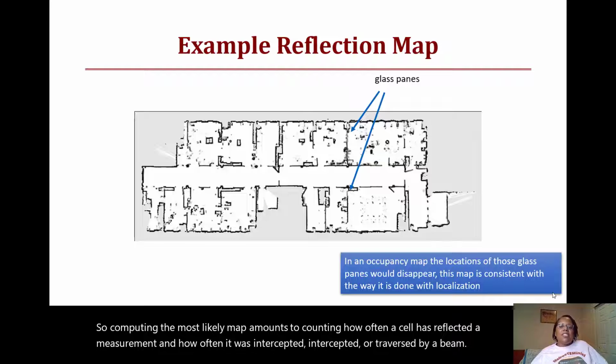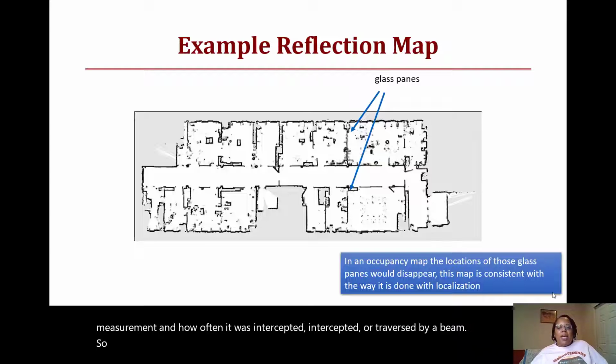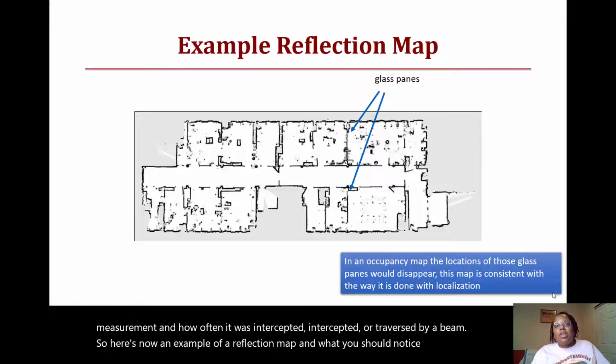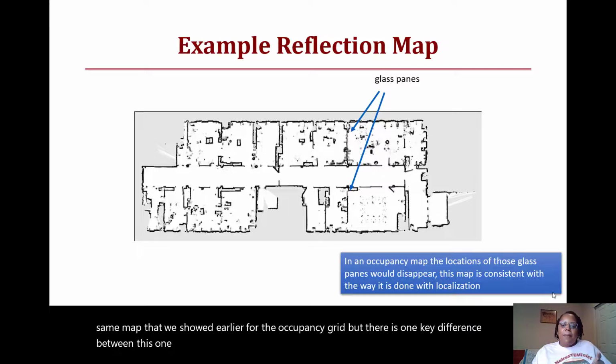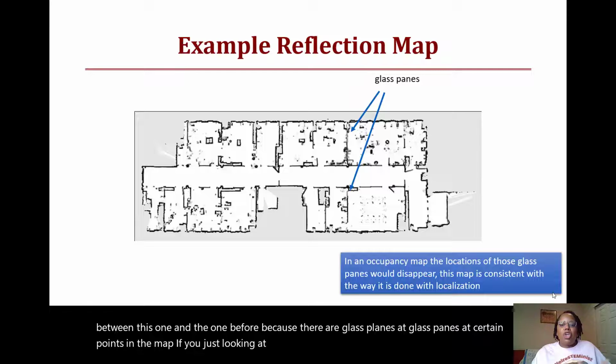So here's now an example of a reflection map. And what you should notice here is that this is the same map that we showed earlier for the occupancy grid. But there's one key difference between this one and the one before. Because there are glass panes at certain points in the map, if you're just looking at whether a cell is occupied or not, you may miss this when you're using just the occupancy grid approach.